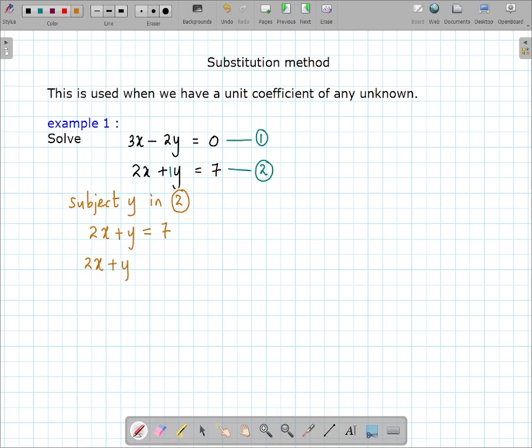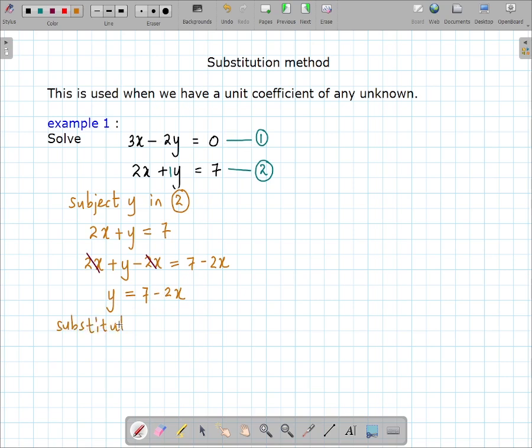2x plus y minus 2x equals 7 minus 2x. Then 2x get cancelled. Here remains y equals 7 minus 2x. Then we substitute this in equation 1.